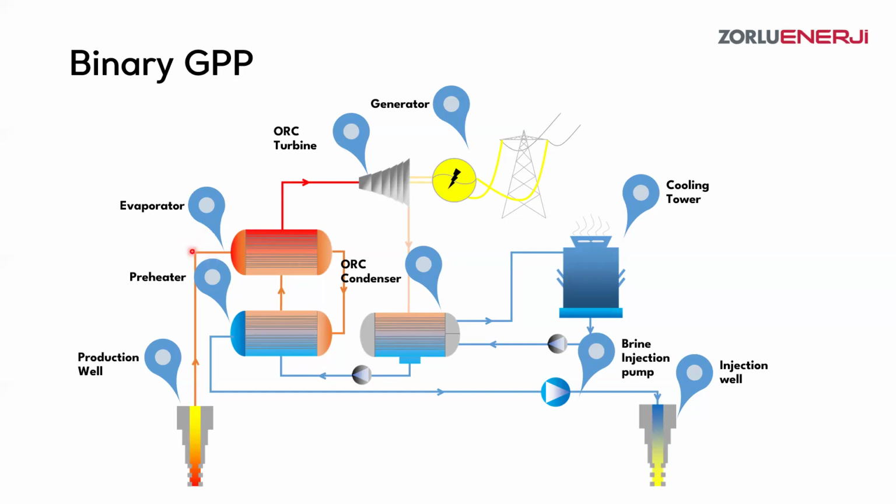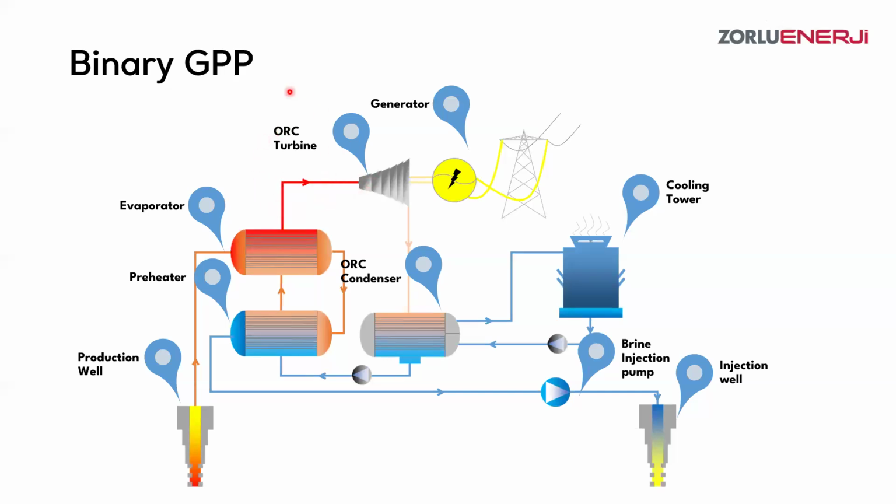In here we have hot geothermal brine, and in the other section we are feeding the system with our binary fluid, and it heats up, creates steam of that binary fluid, and that binary fluid goes into the turbine.